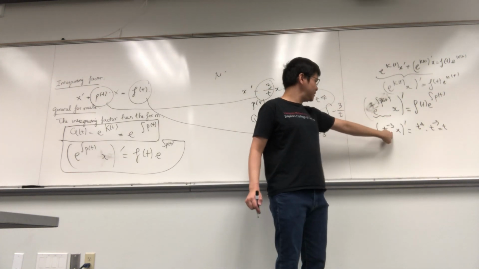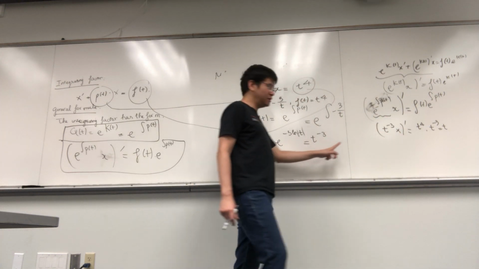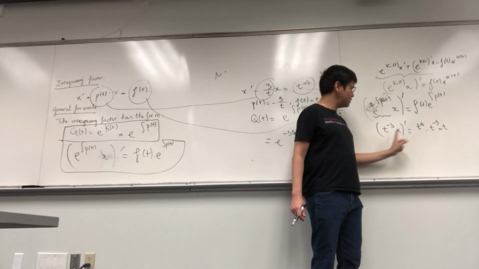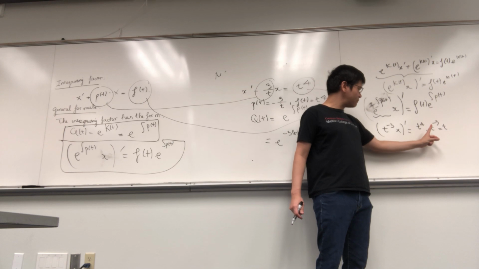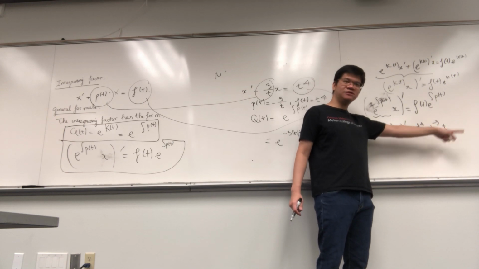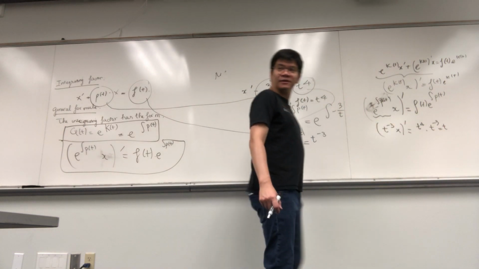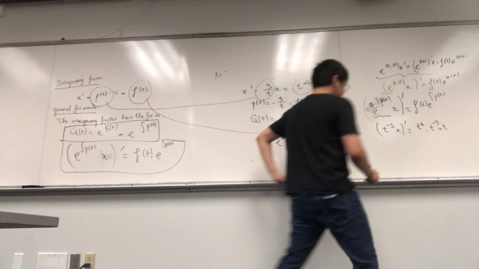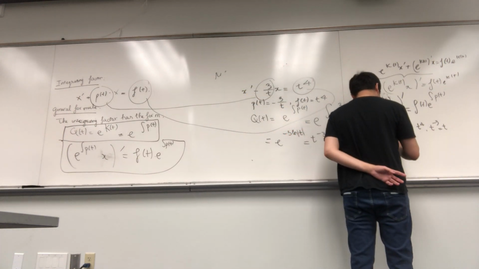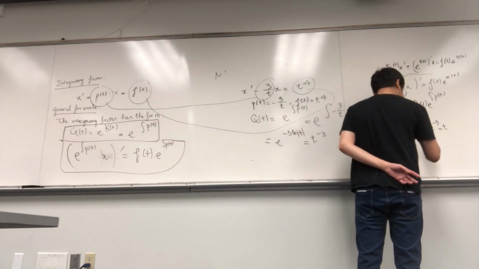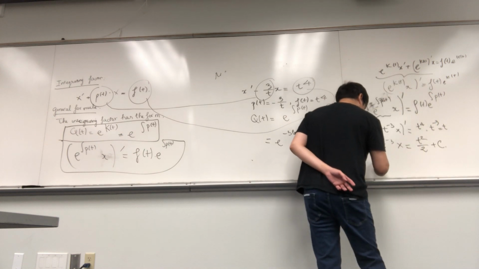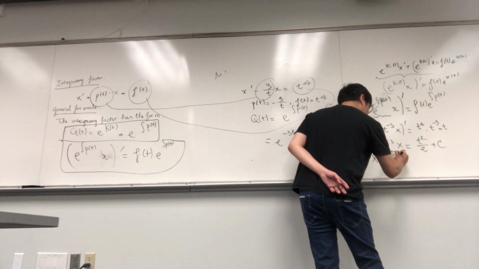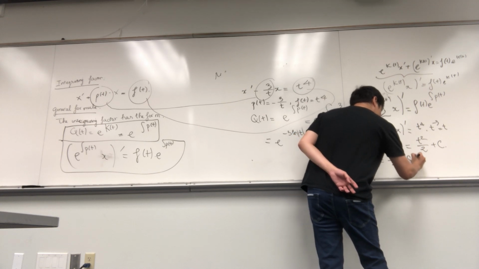So the first guy gives me t to the power minus 3, so I put t to the power minus 3 here. f is t to the power 4, so I have t to the power 4 times t to the power minus 3, so this gives me t. So I have to solve this equation. So I have what? I have t to the power minus 3 x should be t squared over 2 plus c, which means x has to be t to the power 5 over 2 plus c t to the power 3.